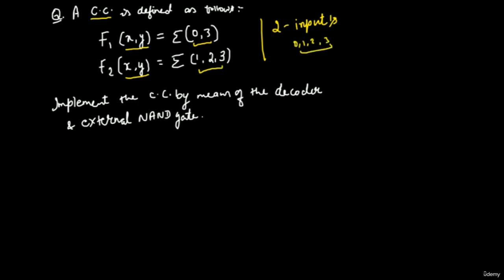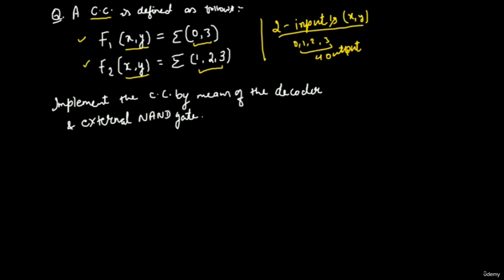So we have 4 output lines. So 4 outputs and 2 inputs as x comma y. That's the information we are getting right from these two lines.